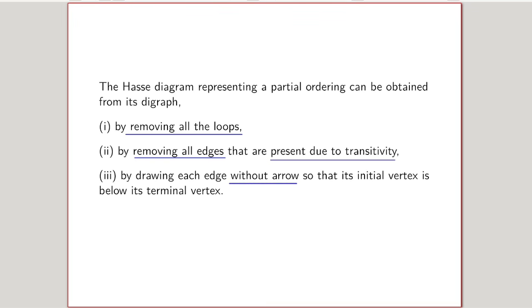Without arrow mark means we are going to remove the direction. So we have to fix the initial vertex at the bottom and the terminal vertex, that is the last vertex, at the top. This is how we have to draw the Hasse diagram.